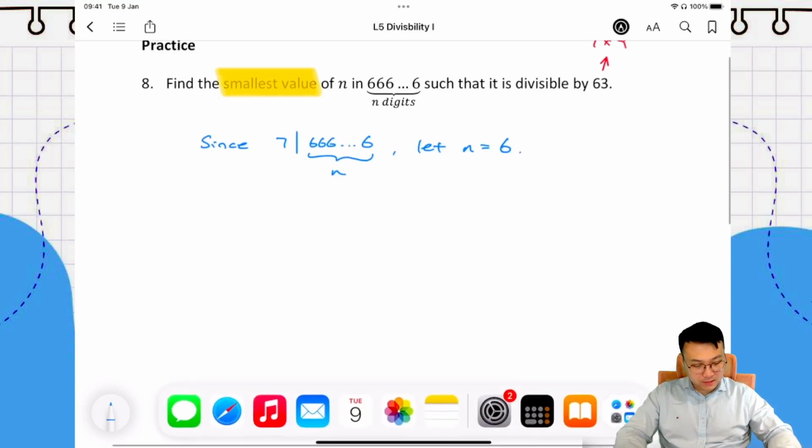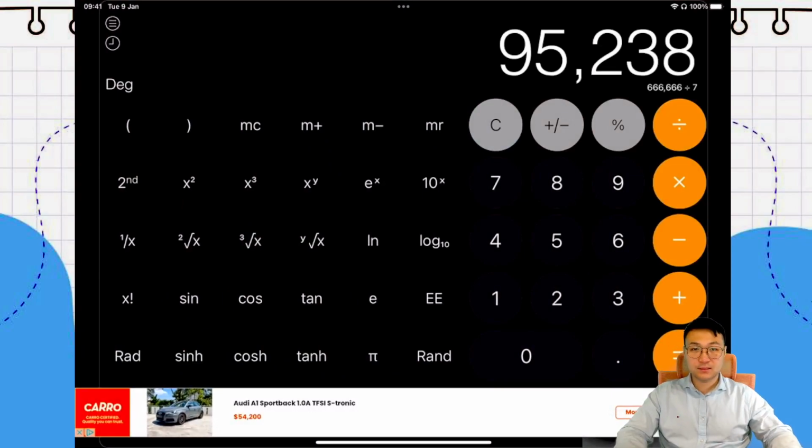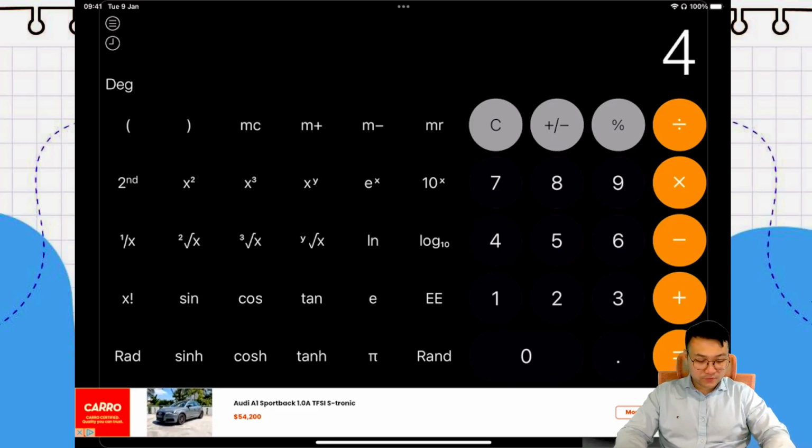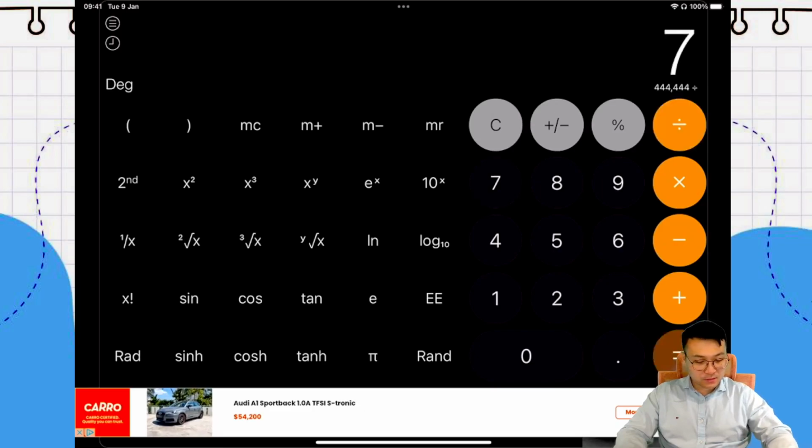Okay, let's take a look at the calculator. 666,666 divide by 7. Look, do you agree that it's divisible? Matthew? If I have 444,444, do you think it's divisible by 7? Yes, it is. I mean, that's the rule.